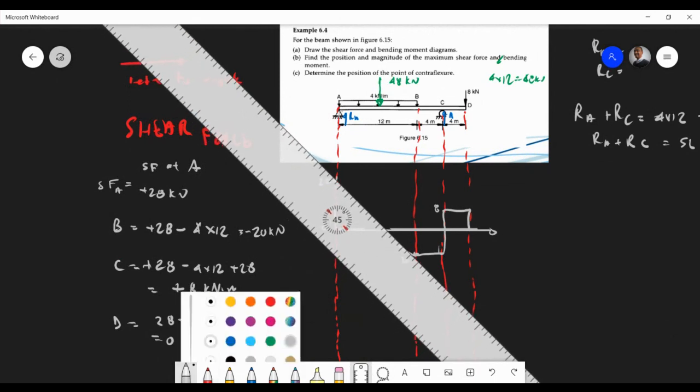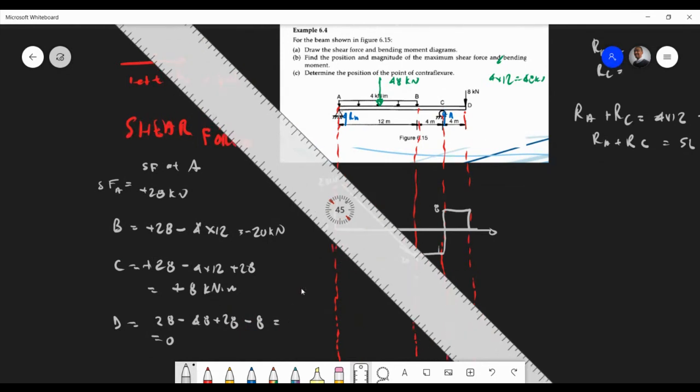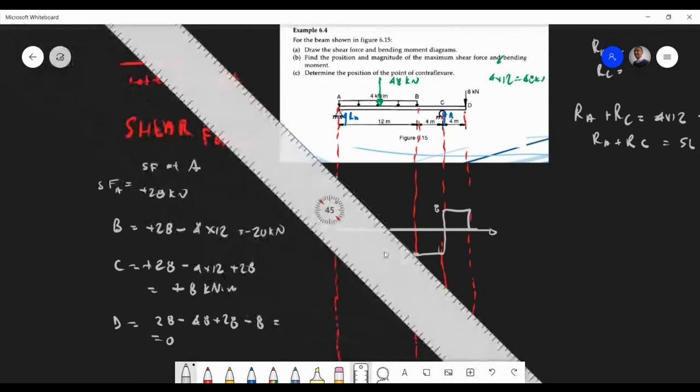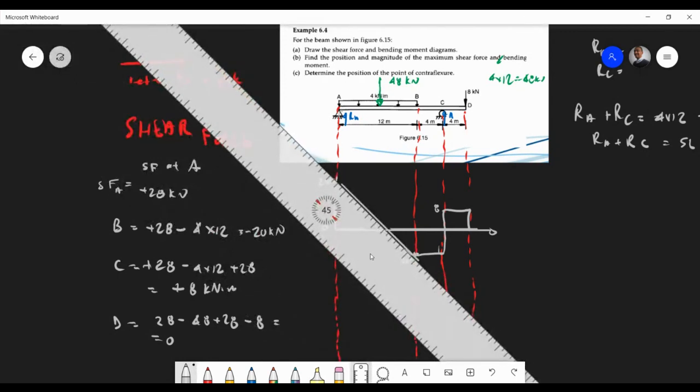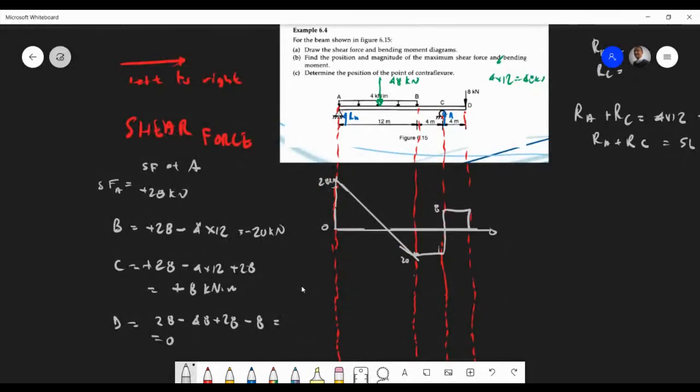Just bear with me. Perfectly straight line. Yeah, so that's important, that shape, guys.